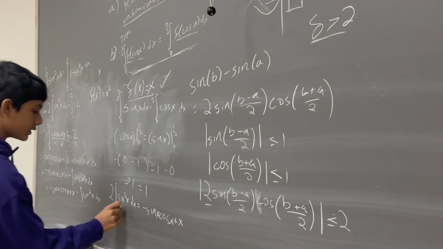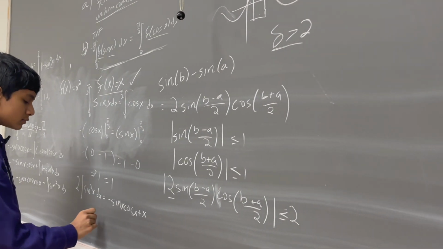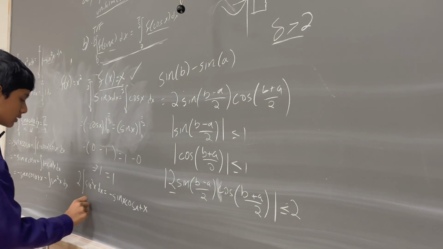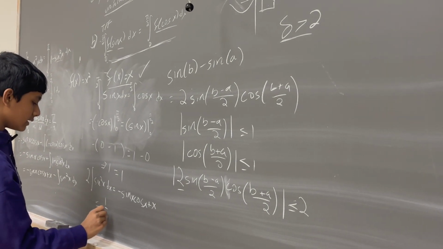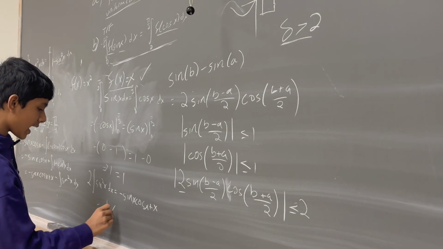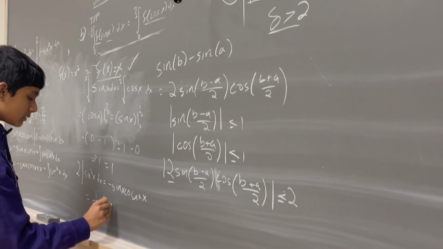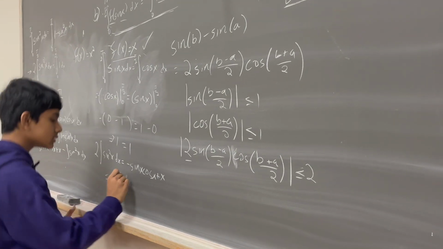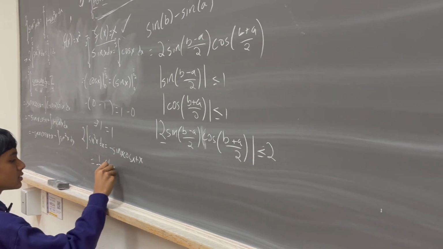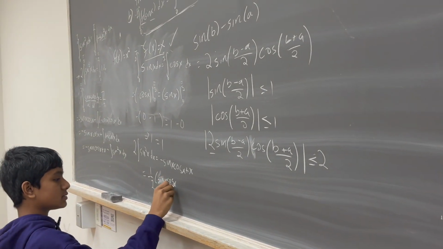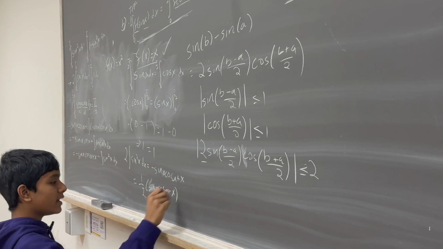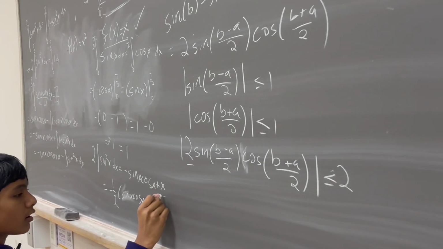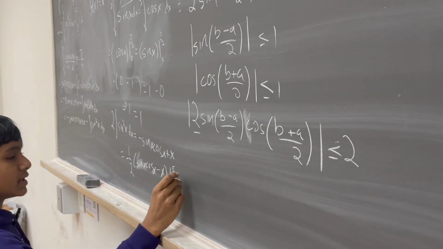So what do we get over here? Well, now that just means that our function is one half times (x minus sine x cosine x). Now, taking the range of that from 0 to pi over 2, what do we get?